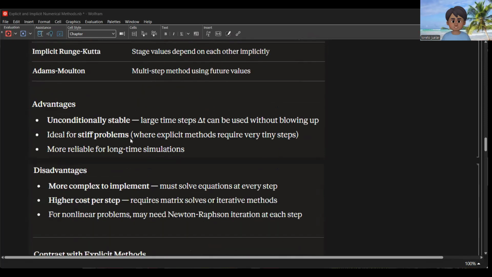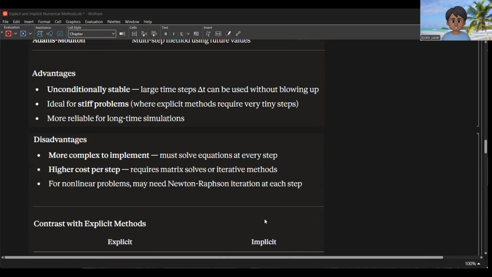There is a higher cost per step, so it requires matrix solves or iterative methods. We really have to solve for some unknown here. For nonlinear problems, we need Newton-Raphson iteration at each step.